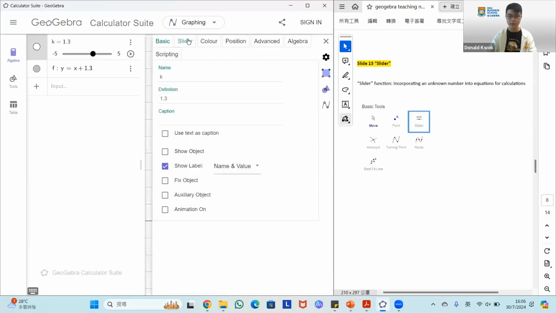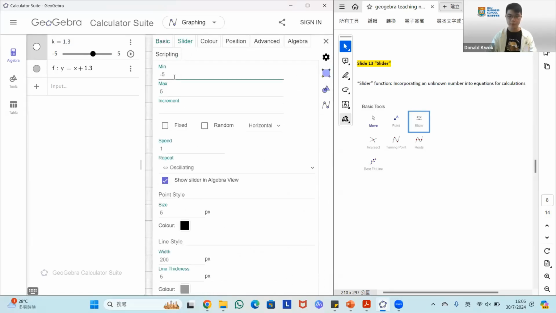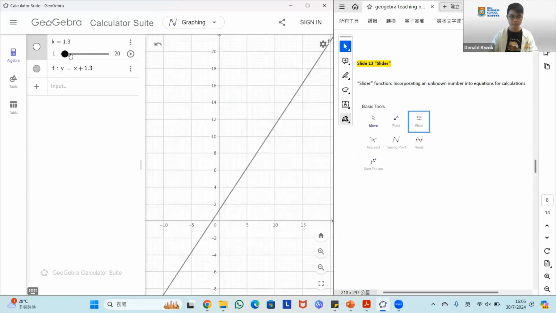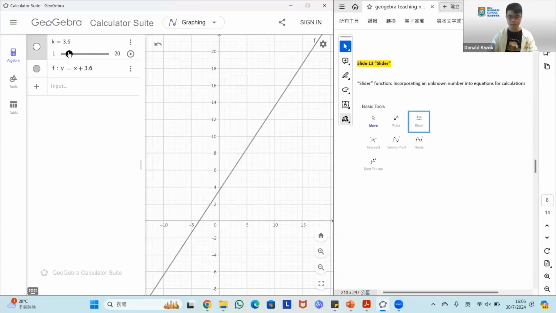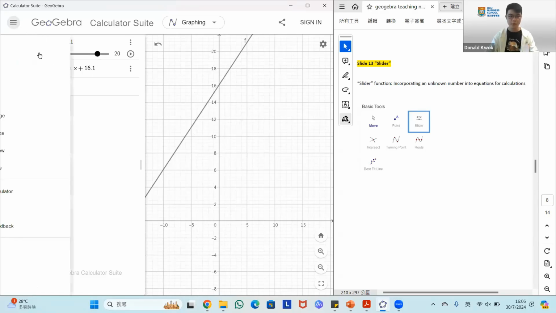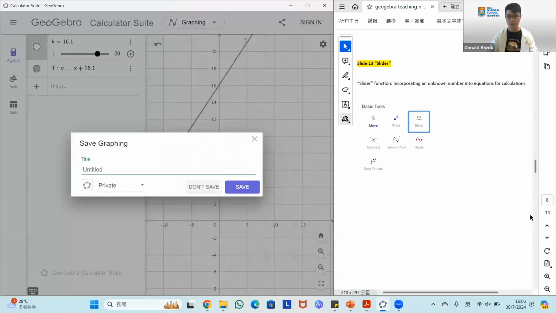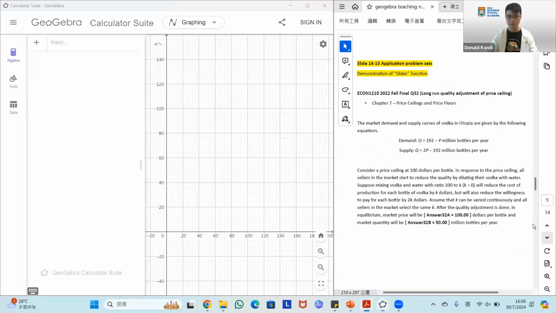Finally, press slider and you should be able to see a place for changing the minimum and the maximum input of the number K. Okay, so that's it.